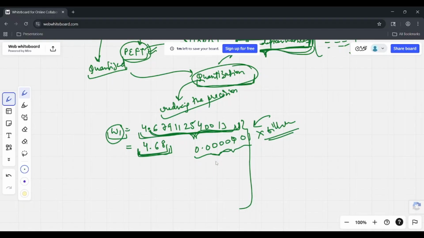So this is the concept of quantization, where you are storing numbers in a lower precision so that you can save some memory. You are losing some precision, but the difference in model performance is not that much. The model's performance is still comparable if you compare it with the original model.